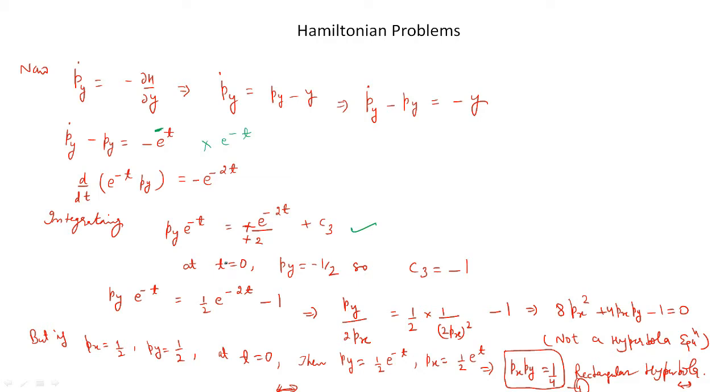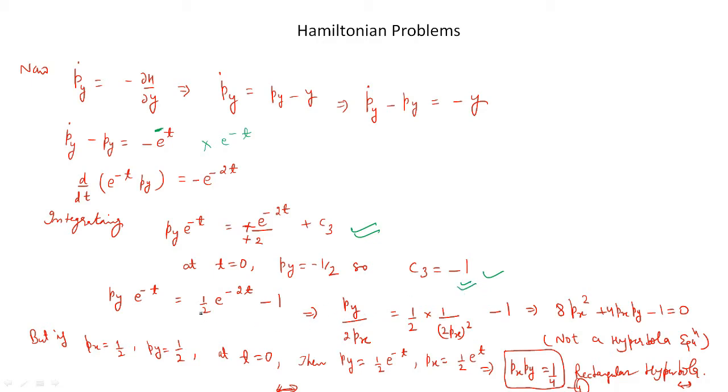If at t equal to 0, py is equal to minus half, then we find that c3 is equal to minus 1. So this equation now becomes py e to the power minus t is equal to 1 by 2 e to the power minus 2t minus 1, because c3 is equal to minus 1.